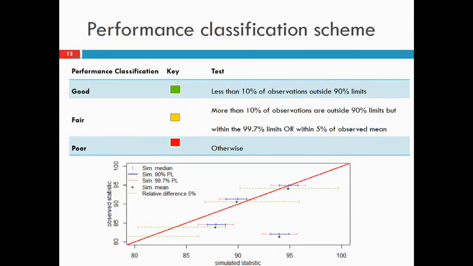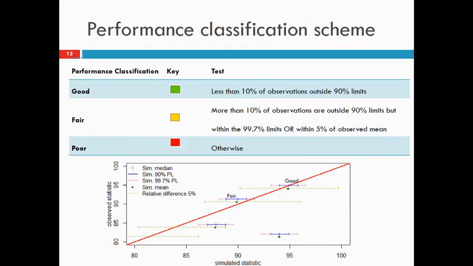So if we look at a quick example where we have the simulated statistic on the x-axis and the observed statistic on the y, with perfect agreement being on the one-to-one line. In this first case, we have good agreement between the observed and the simulated. The blue represents the 90% limits. Falling on the one-to-one line means that we have good green performance.